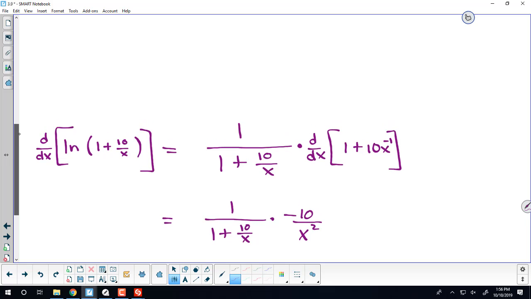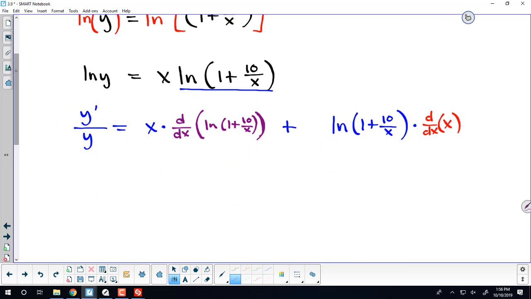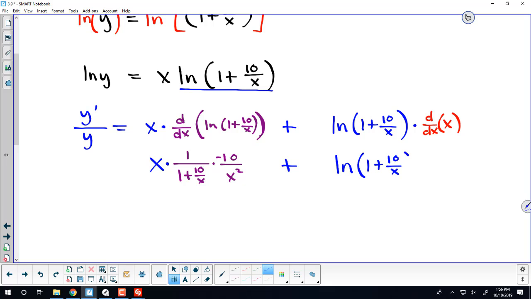So let's take a snapshot of that. Okay, so there's that derivative. We still had that multiplied by x plus ln of 1 plus 10 over x times the derivative of x, which is just 1.